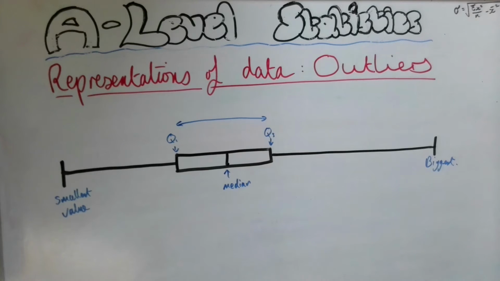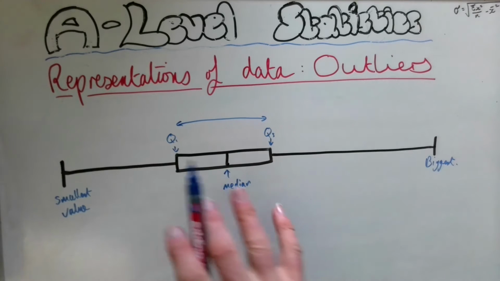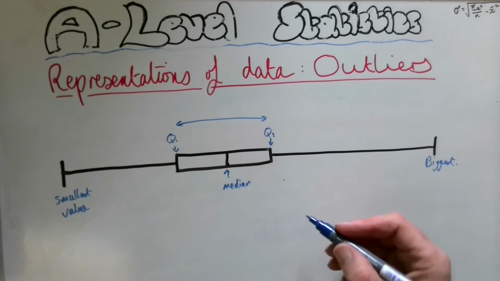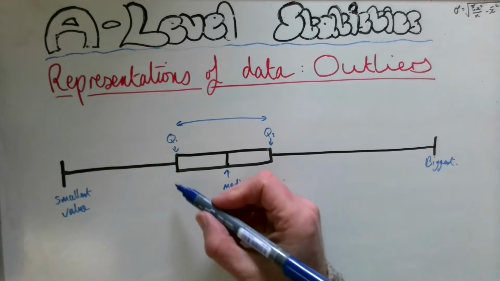Now, how do we define what an outlier is? Well, there's different ways, and one way, they quite often like to talk about a certain number of interquartile ranges away. Now, most box and whisker diagrams, once you've added the interquartile range on once, you've probably reached your biggest value. So quite a common one is to use 1.5 interquartile ranges.